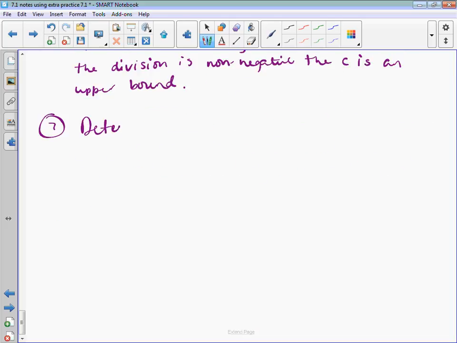Determine if -1 is a lower bound and 7 is an upper bound.